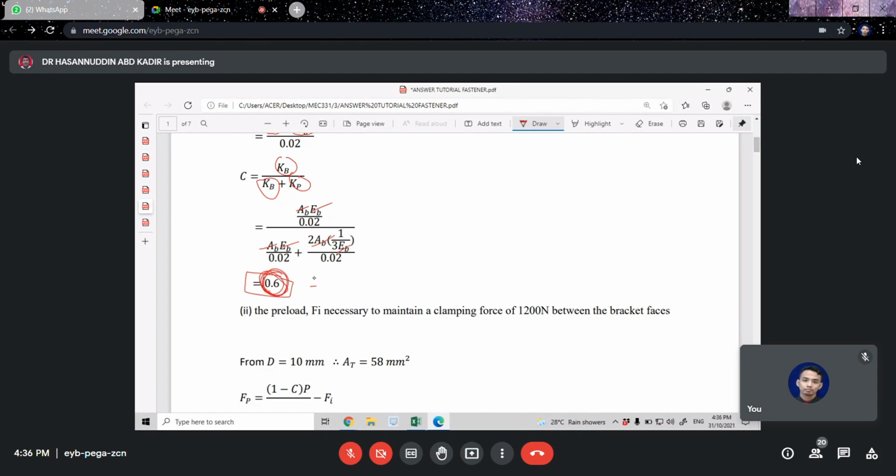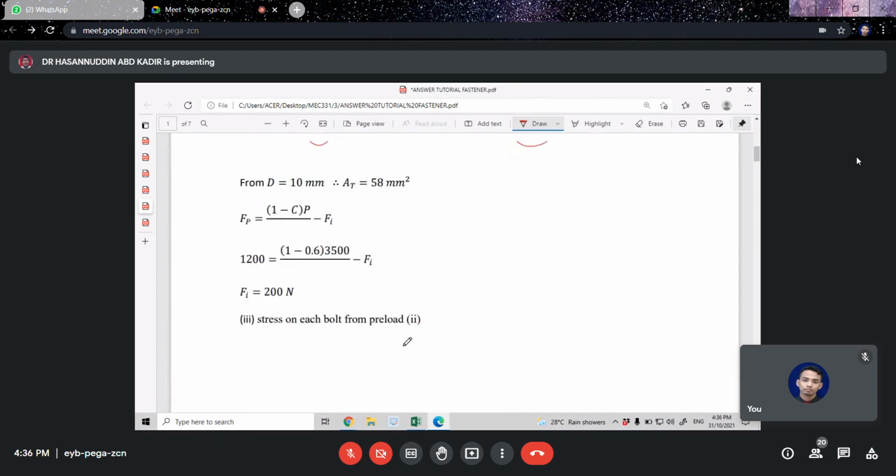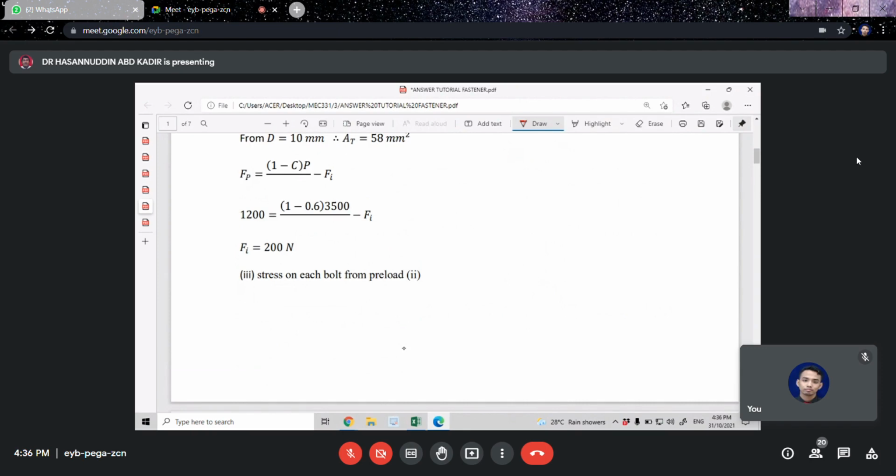This stiffness is 0.6. So number 2, they ask you to find the Fi. They also mention that the clamping force is 1200 Newton. This means it is in terms of compression, so we know that this one is Fp. For Fp you need a formula related to Fp. Then you can apply this formula: FP equals 1 minus C, P minus FI.